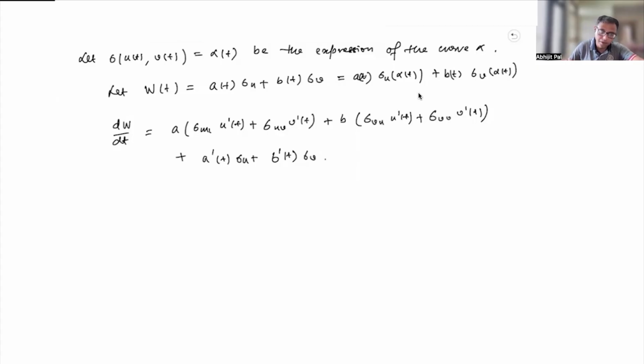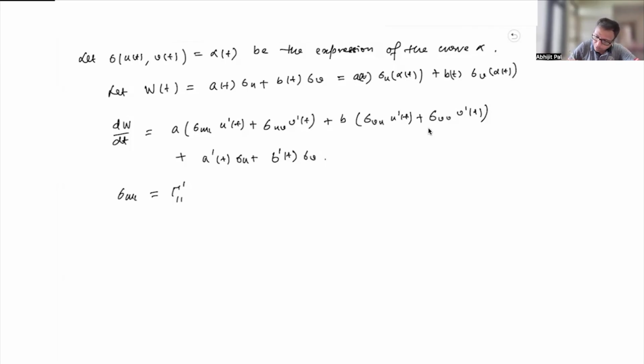Now observe that sigma_uu was equal to gamma^1_11 and so on; these are the Christoffel symbols. So sigma_uu is a vector in R3. So sigma_uu is a linear combination of sigma_u, sigma_v, and the normal vector n.